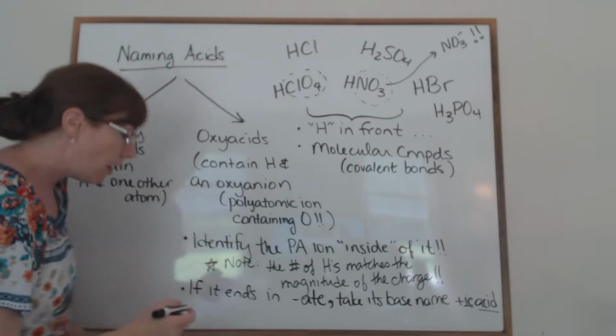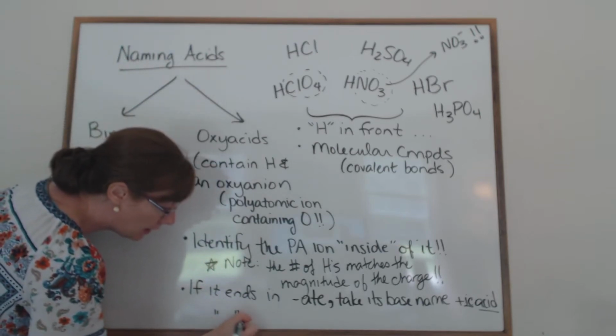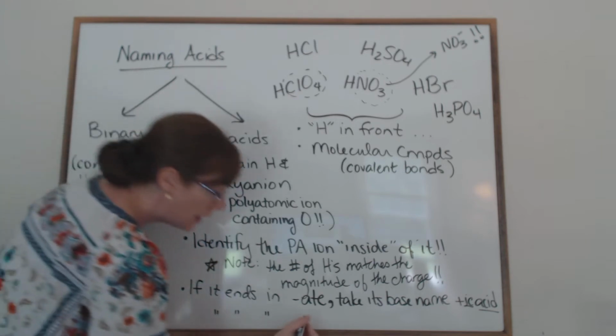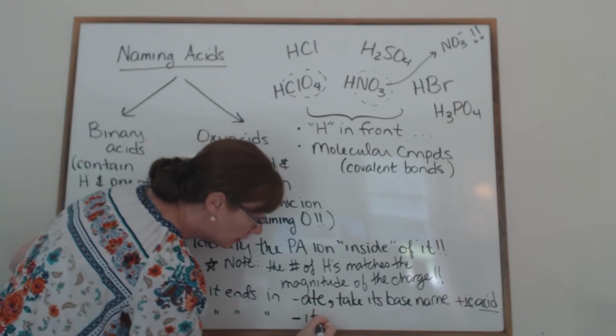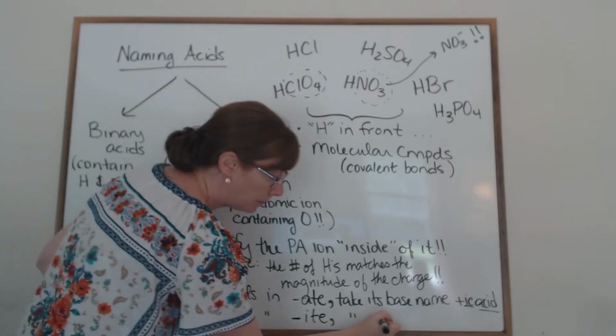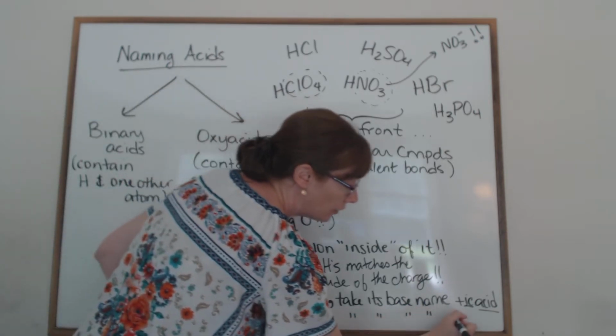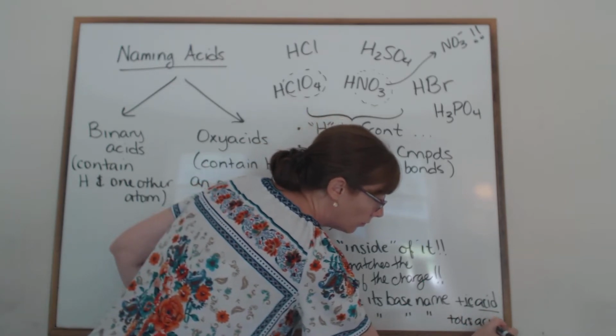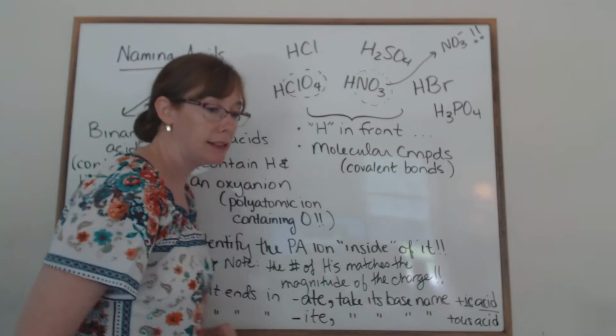All right? Now, if the polyatomic ion ends in ite, you're going to take its base name and you're going to add ous acid. OUS acid.